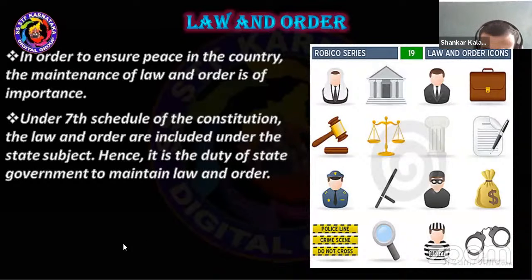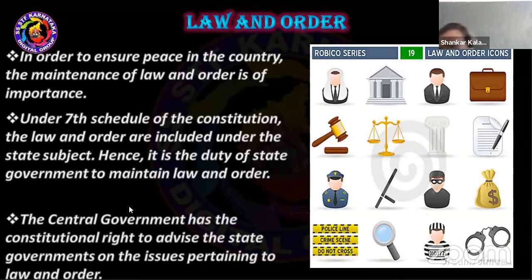The state government maintains law and order with the help of the police department. The central government has the constitutional right to advise the state governments on issues pertaining to law and order.